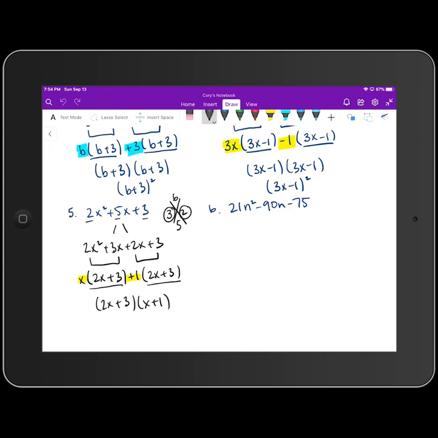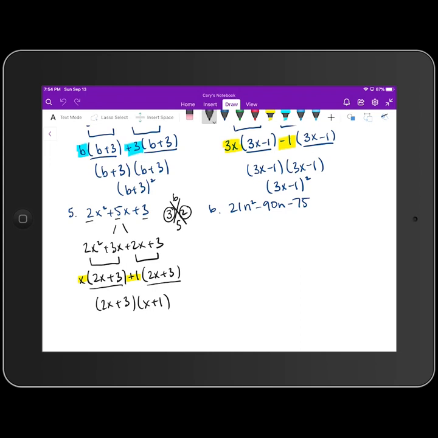All right, let's take a look at 6. So 6, the values get a little bit bigger here. So it's going to make factoring a little bit more difficult. But again, we want to use the same process for working this one through. Okay, so when we look at 21n squared minus 90n minus 75, there is something that I can factor out of all three of those terms.